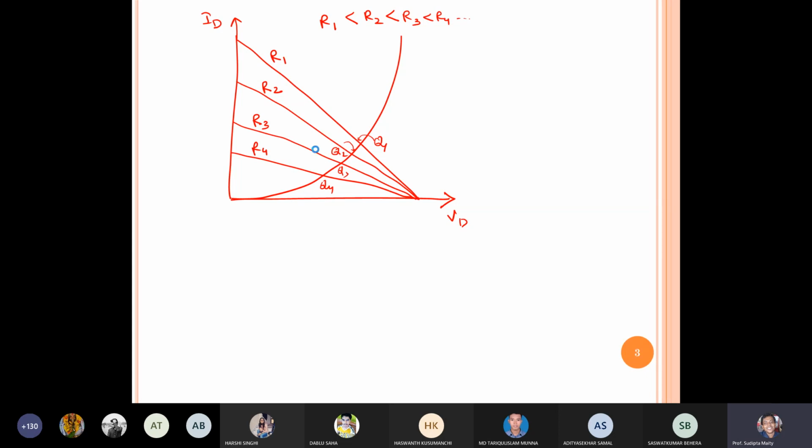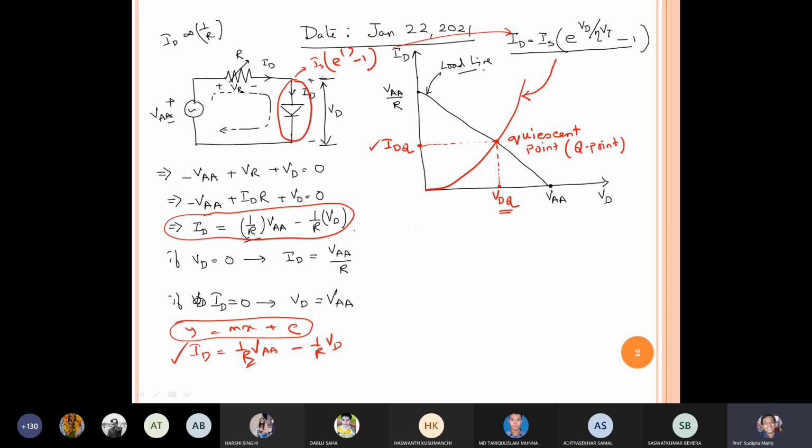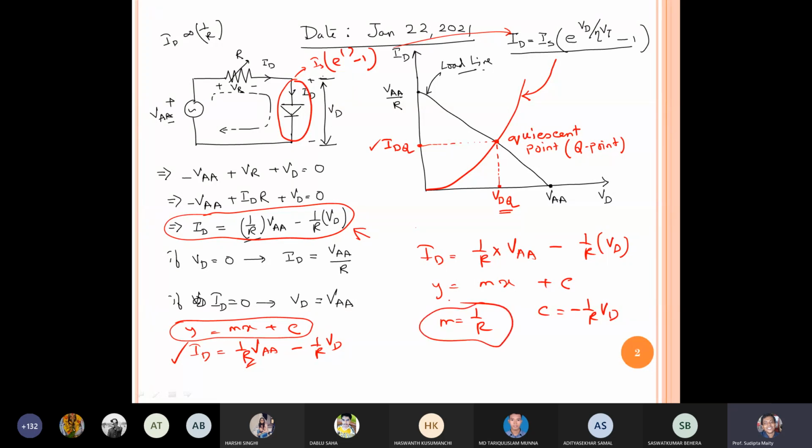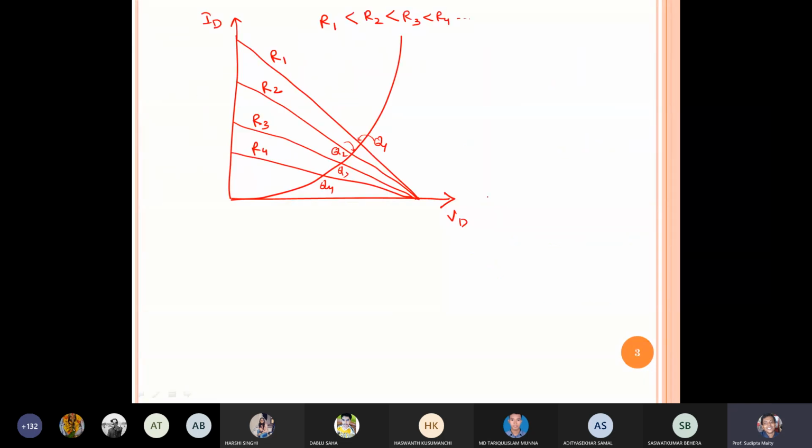Now observe this function again: ID equals 1 by R into VAA minus 1 by R into VD. Considering a y equals mx plus c kind of equation, c equals minus 1 by R into VD and m equals 1 by R. Based on this we derived that equation.